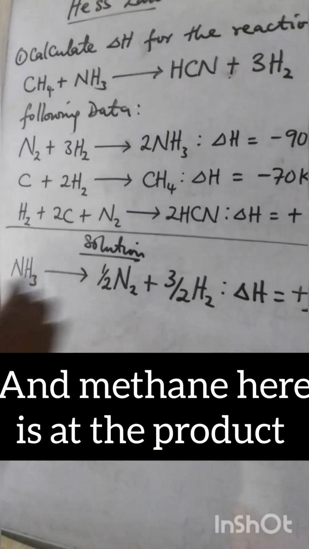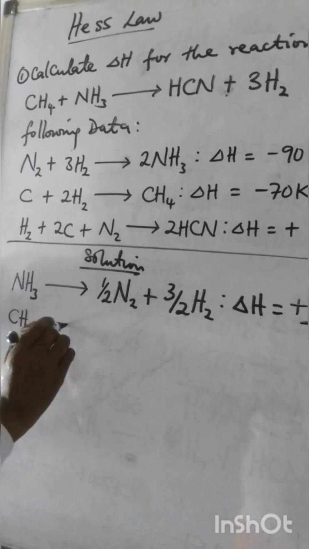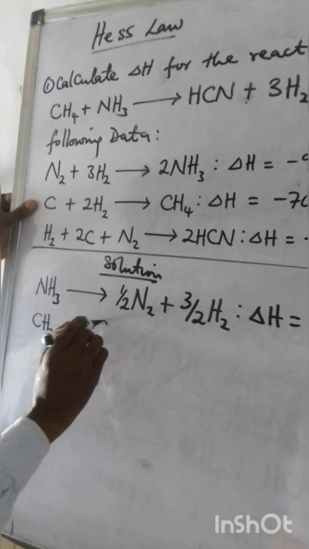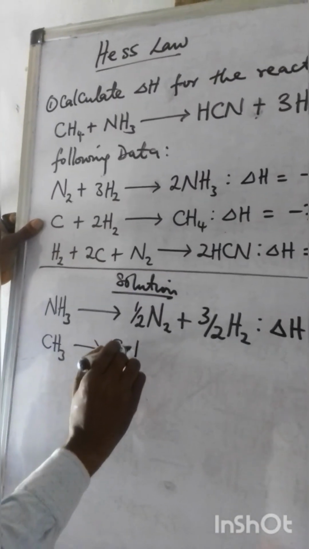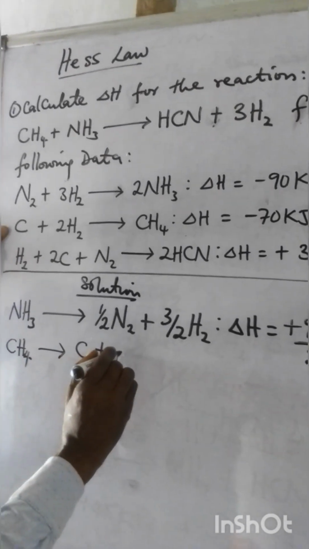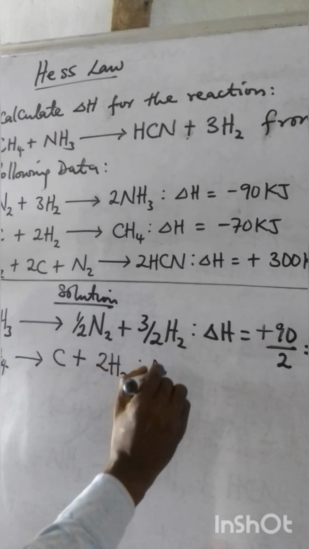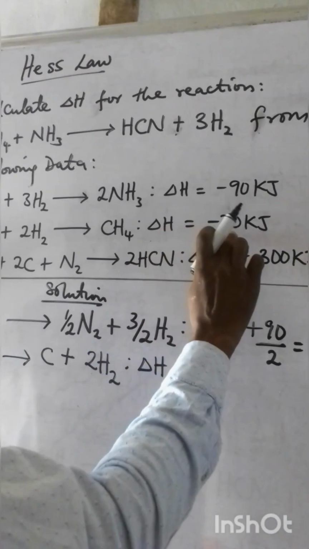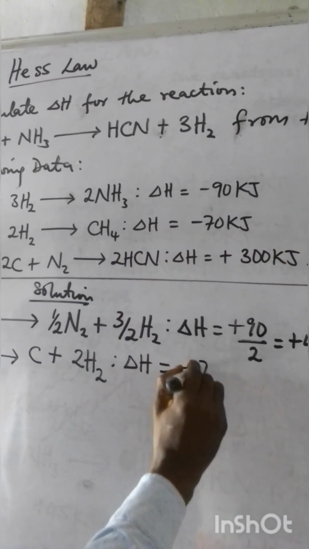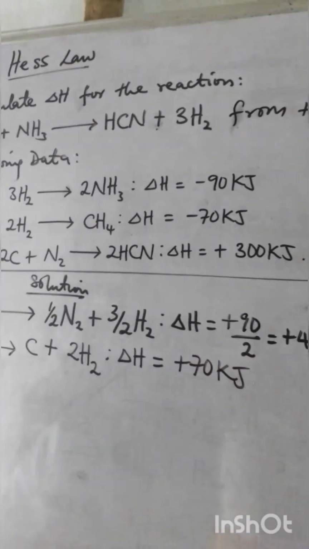So we flip without division. Let's go. CH4 to afford C plus 2H2. The enthalpy change will give us what? +70, so it's +70 kilojoules.